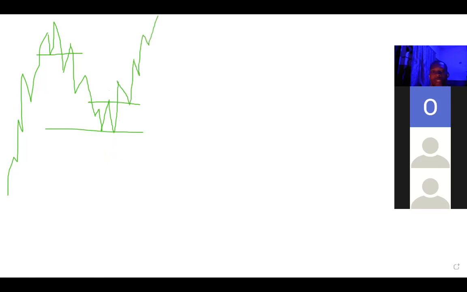Why? Because we have a 5 minutes break in market structure here, a 5 minutes BMS. And because we have a 5 minutes BMS, the market is going to come down to your 30 minutes target first of all.